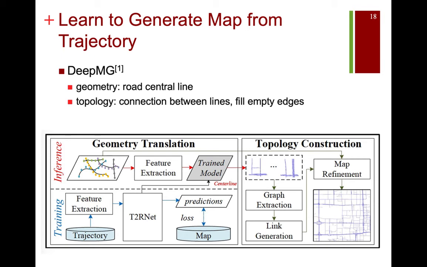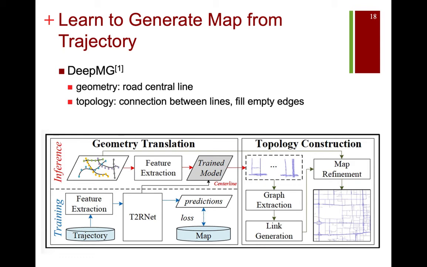Now we have finished the geometry translation and gotten a set of road central lines. Now we only have the lines, and then in the topological construction, some heuristic algorithms are introduced to make the connections between two lines or among multiple lines.